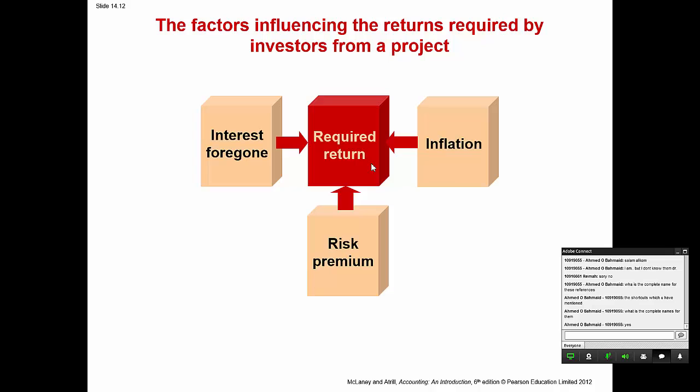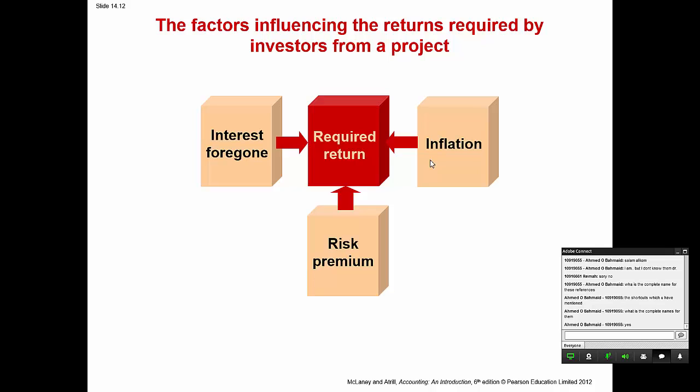As an example, if your required rate of return is 10%, that means you want to invest your money in an investment that gives you 10%, but the inflation rate increased from last year by 5%, for example. That means your real rate of return is not 10%, it is 5%, because of inflation. So you need to consider inflation when you decide what rate of return you require.